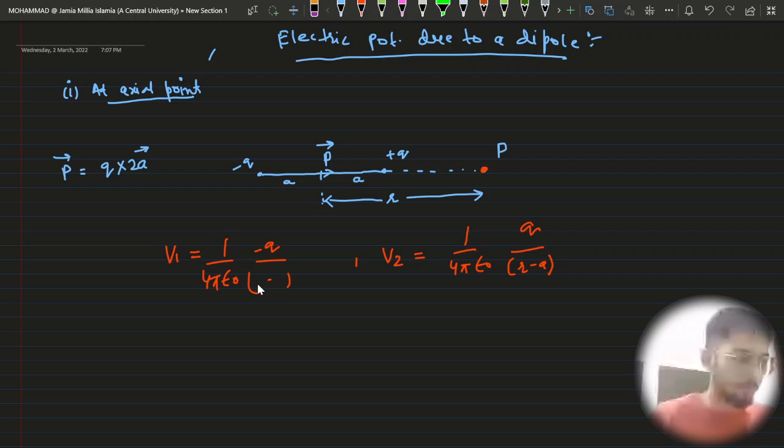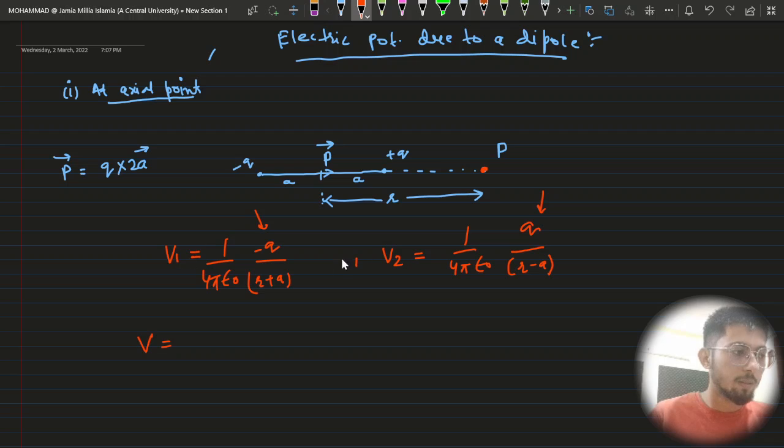And you remember that while finding potential, you should put in the charge with sign, because this is not a vector quantity, this is a scalar. So potential is a scalar, so you should always write the sign. Now the total potential, what will be the total potential at P?